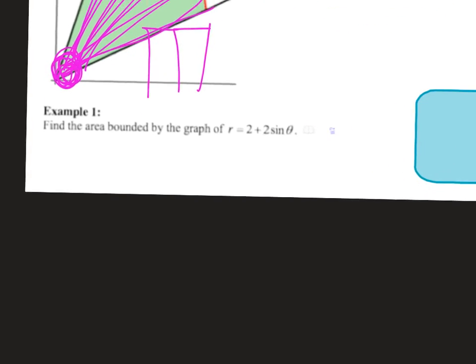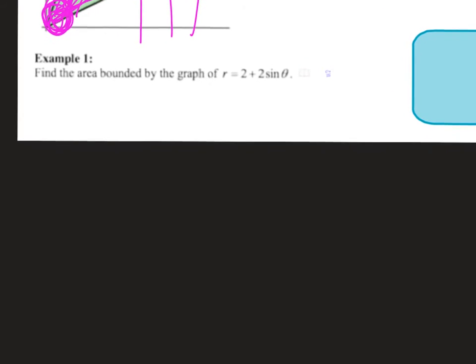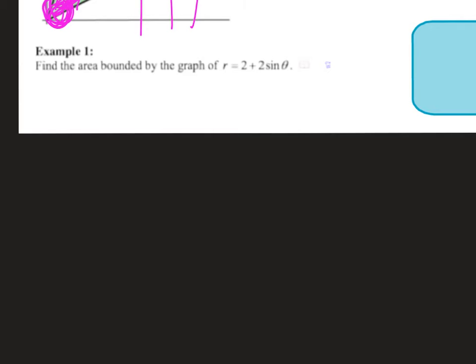So we want to find the area bounded by the graph of r equals 2 plus 2 sine theta. Feel free to put that into Desmos and look at what it looks like, or into your calculator. Your calculator does have a polar mode.